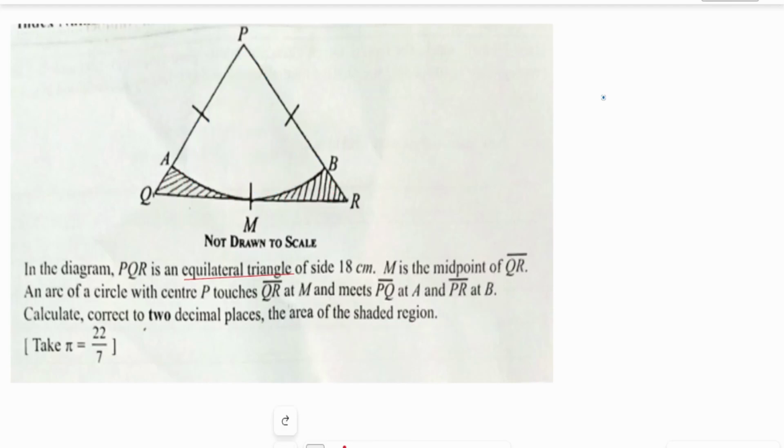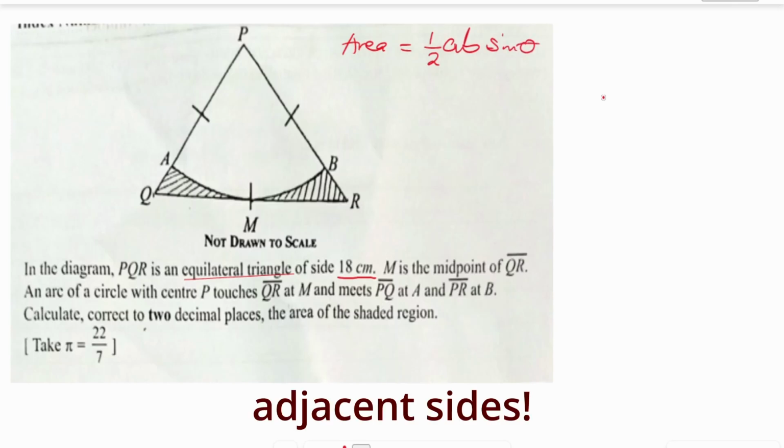Let's start straight with the area of the triangle PQR. This is a triangle for which we know the length of side to be 18 centimeters and the interior angles to be 60 degrees each. The easiest area formula we can use here is area equals 1/2 ab sine theta, where a and b are two sides of a triangle and theta is the angle between those two sides.